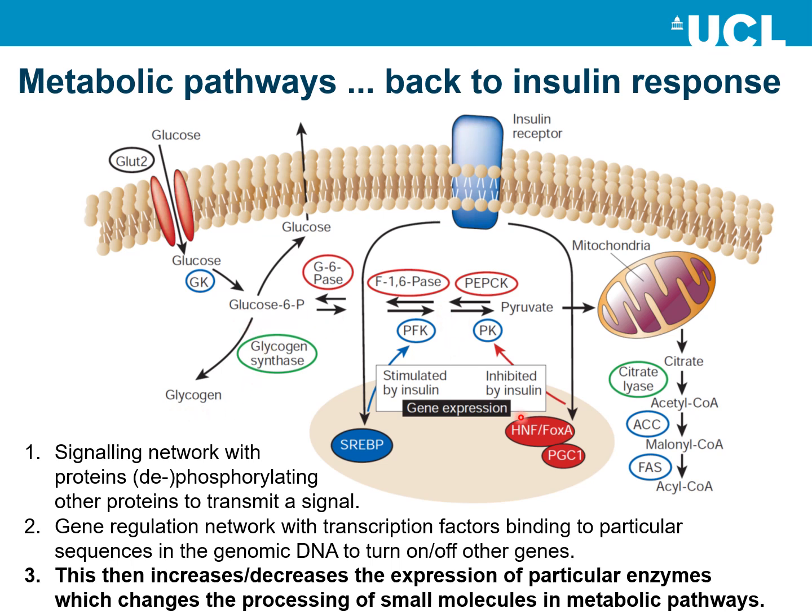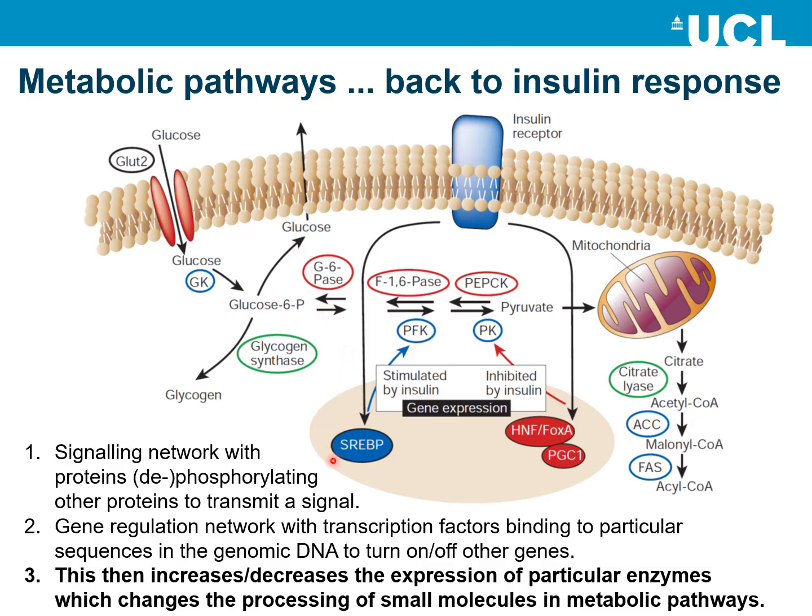What other enzymes does this signaling turn off? Well, the ones in red are inhibited by insulin. Essentially all of the enzymes that are going in the opposite direction, turning pyruvate into glucose 6-phosphate, because we're trying to absorb the glucose and then store it or use it for different processes.